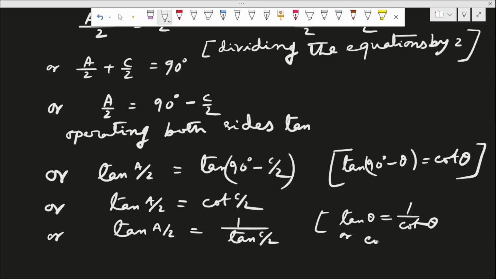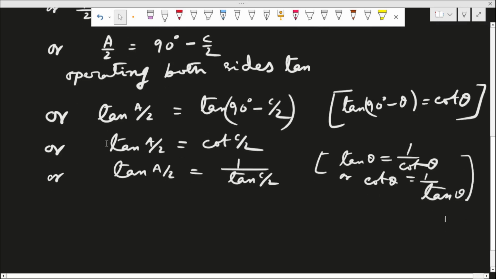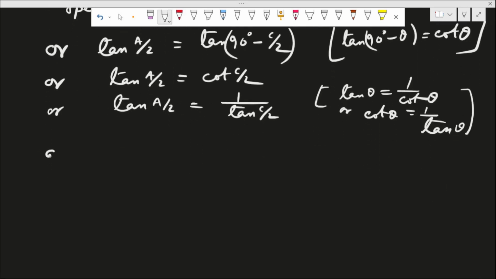Or multiplying, tan A by 2 into tan C by 2 is equal to 1.